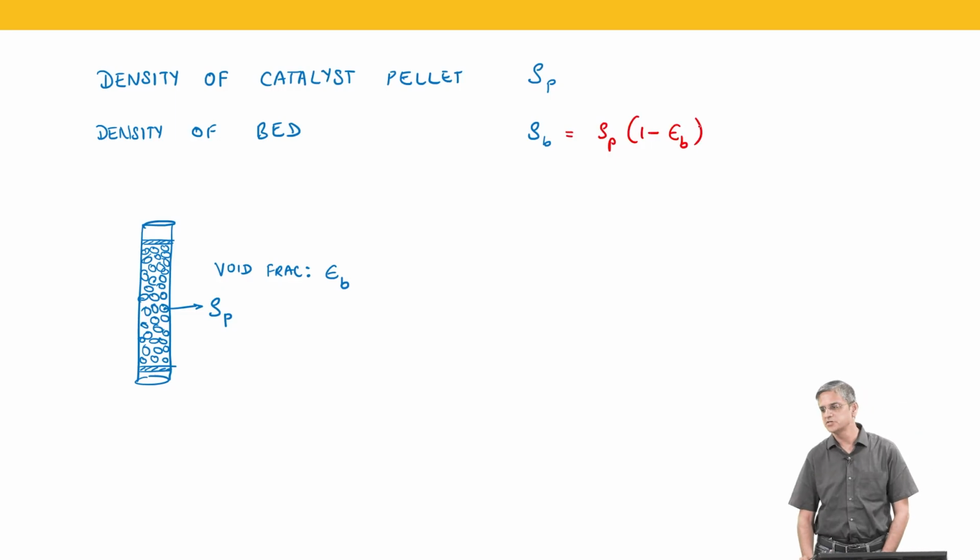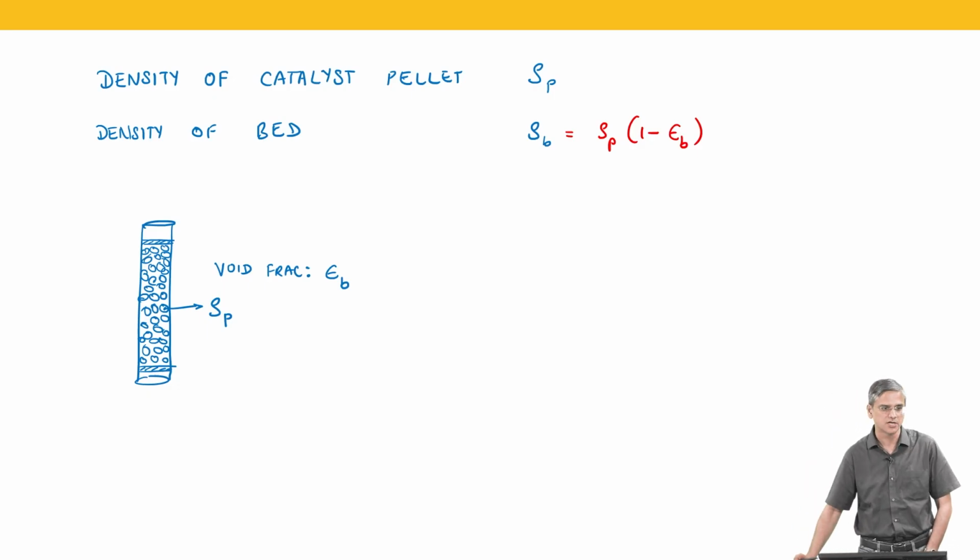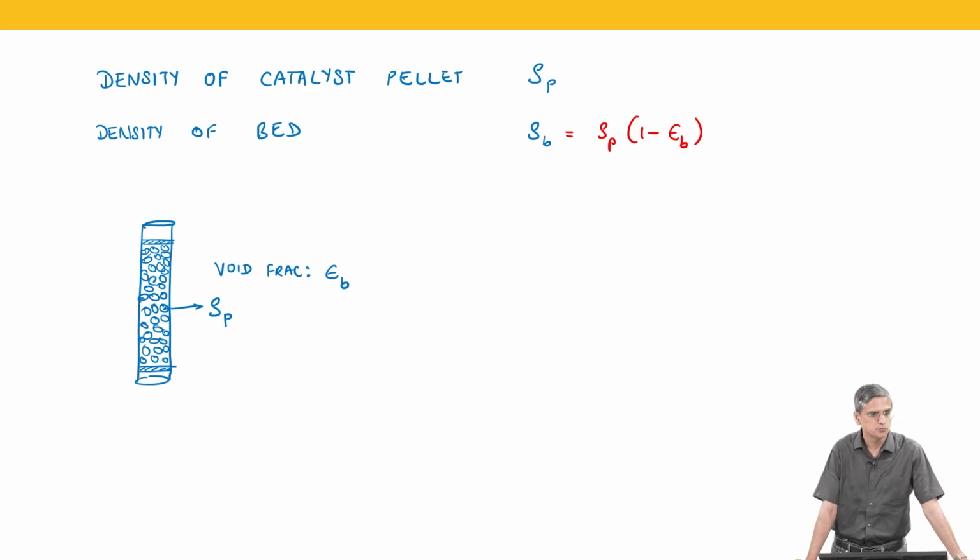Say 60% void, 40% solids. How much solid is there? Let's say the original density of the solid is 1 kilogram per liter. In 1 liter of the bed, 400 ml or 40% is solids, so 40 grams are present. So, 40 multiplied by 1, where does 0.4 come from? 1 minus epsilon b. Where does 1 come from? Rho p.